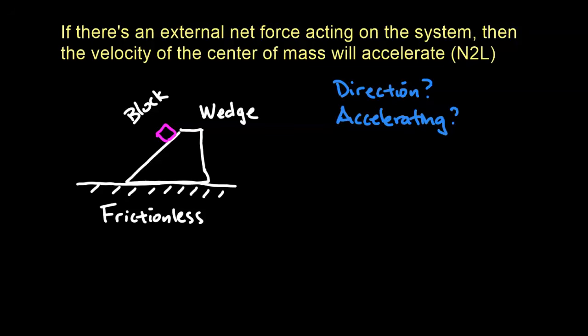So first of all, we're going to make our system. Our system is going to be the block and the wedge. So horizontally speaking here, there's no external net force. So since there's no external net force, we would expect the center of mass to not move horizontally. So let's think about the center of mass here.